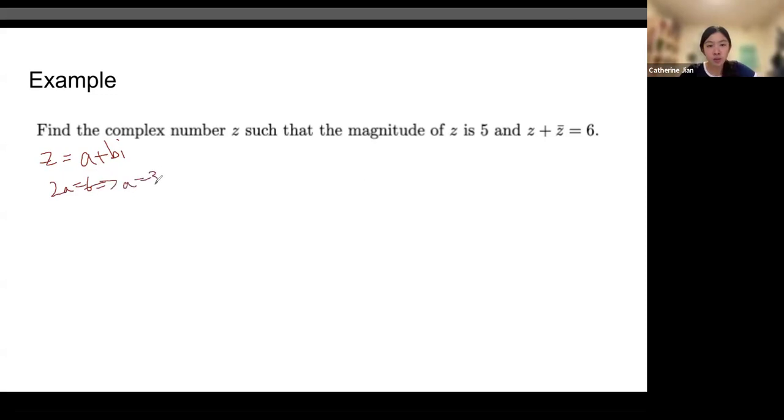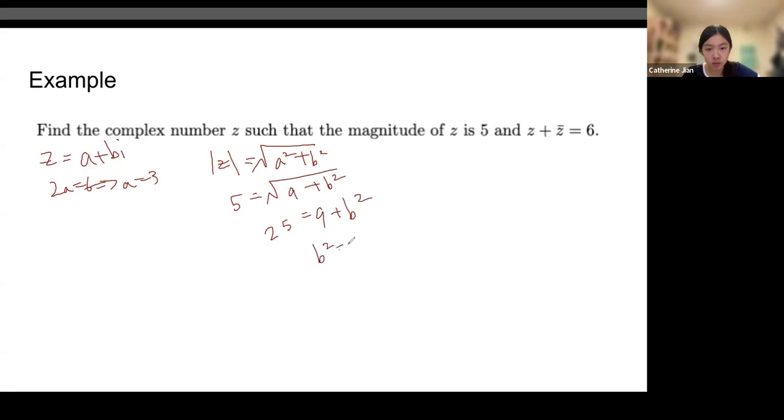And then we're given that the magnitude of z is equal to 5. From the formula, we know that the magnitude of z is equal to the square root of a squared plus b squared. So 5 is equal to the square root of, plugging a equals 3 in, 9 plus b squared. So 25 is equal to 9 plus b squared, so b squared is equal to 16.